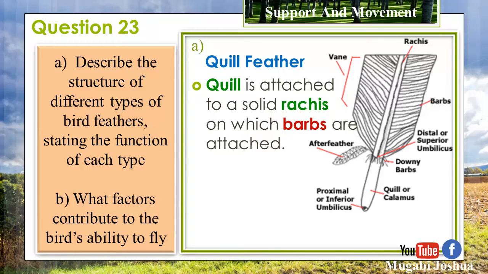At the bottom, the proximal end, we have the inferior umbilicus, the hollow part, and at the upper part, the distal or superior umbilicus.